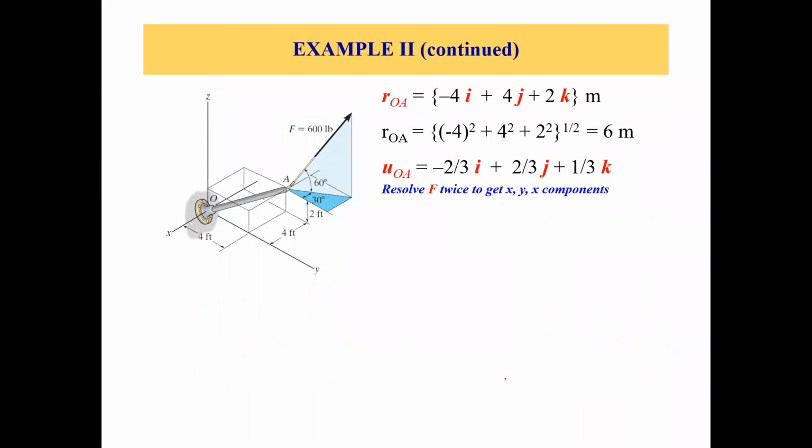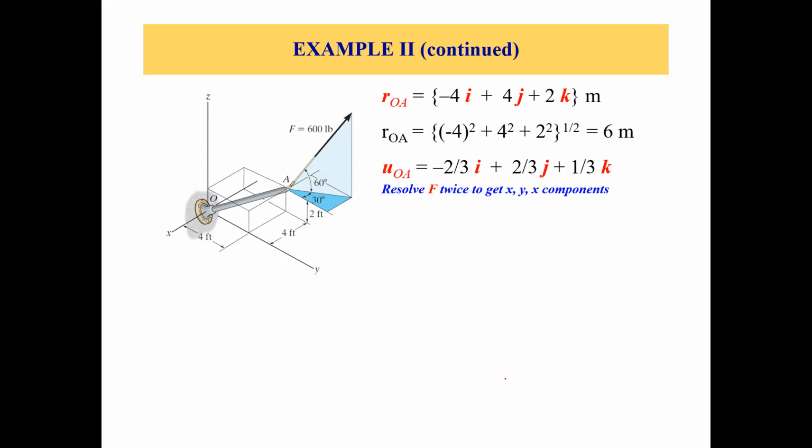First things first, we need the position vector ROA. We are not going to go into the details of how to find this ROA. Just remember the tip-to-tail rule: tip minus tail. A is the tip, O is the tail, so A minus O.